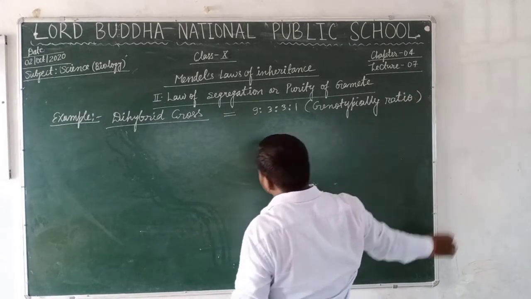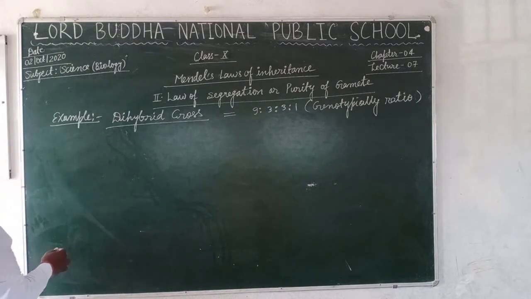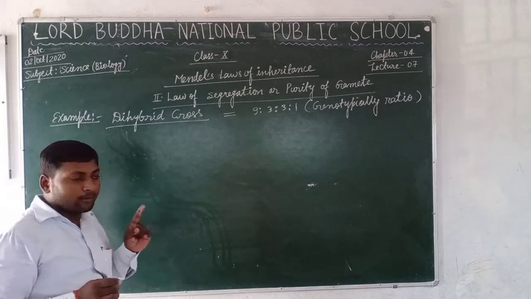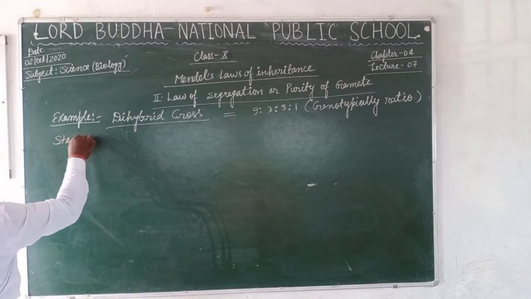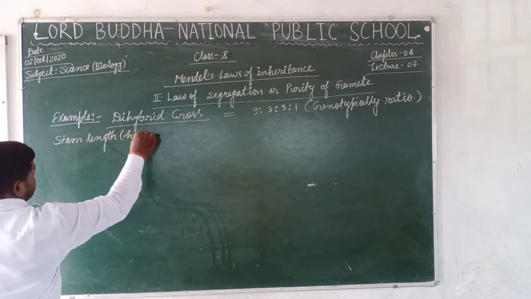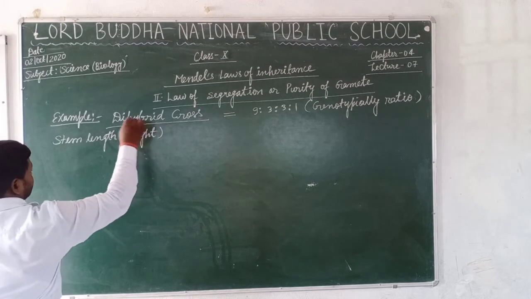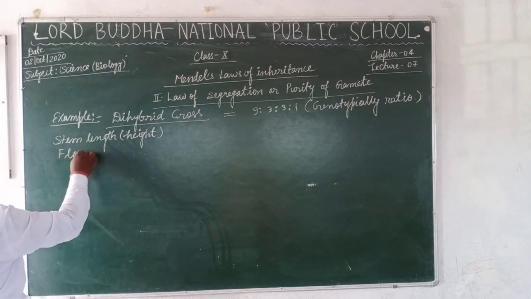Now students, let's go through how the dihybrid cross works. Here I am going to select two traits. One is stem length or height, and the other is flower color.